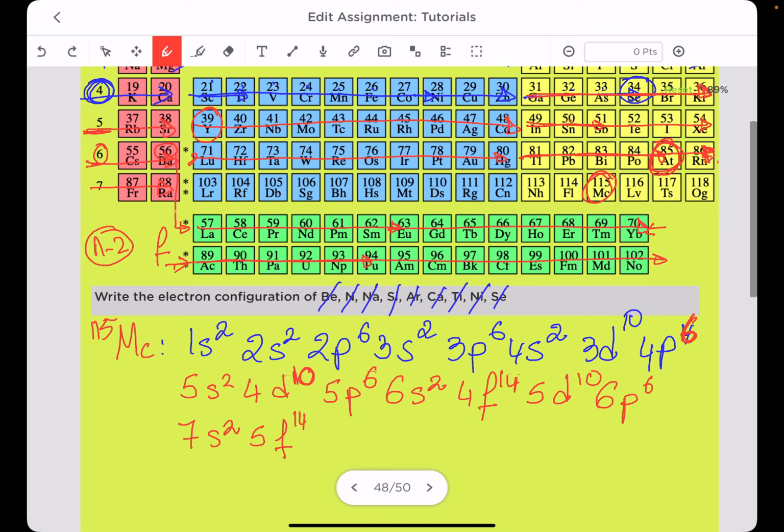So it's going to be 5f14. Then follow the numbers. Here it says 102. Here it says 103. So you're going to take all the way of this 6d. Remember, the d is always n minus 1. So 6d10. Then I'm in the area of p. I'll go all the way to this one. So it's going to be 7p3. And that's it.